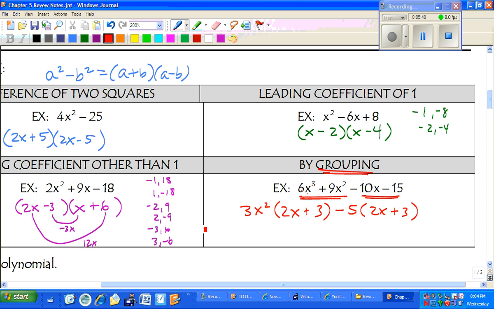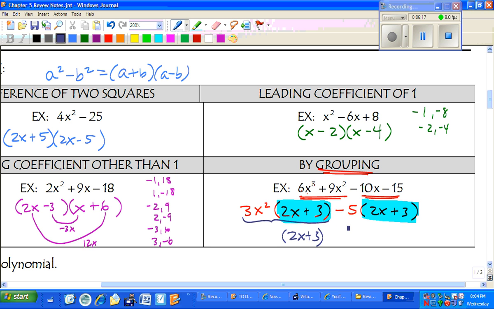Now, in order for factoring by grouping to work, these two things have to be exactly the same. If they're not, then this isn't going to work. Luckily, in this case, they are the same. So really what we're doing here is factoring again, right? We're factoring out a common term. These both have a 2x plus 3. So we're taking out a 2x plus 3 out of both of these, right?